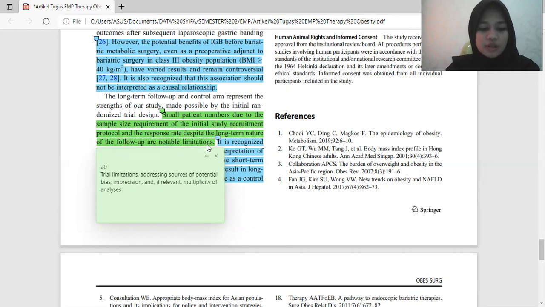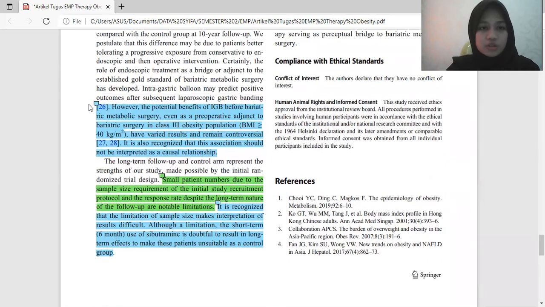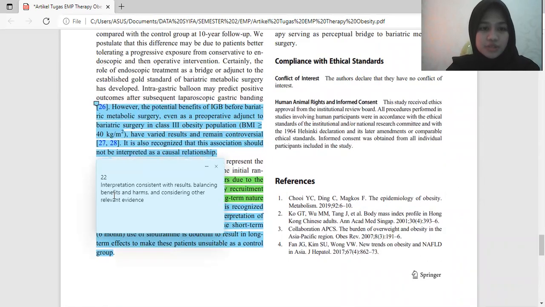Next is number 21. Number 21 is generalizability, external validity, applicability of the trial findings. We cannot find it in this article, so number 21 is not available. Next is number 22. Number 22 is interpretation consistent with results, balancing benefits and harms, and considering other relevant evidence.